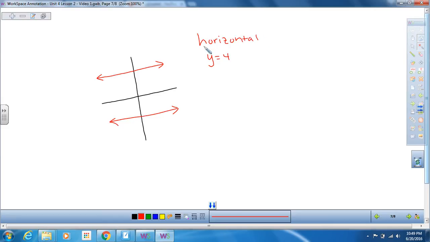So horizontal and vertical have special equations. They either just have an x or just have a y. Vertical lines go through the x-axis. So their equations are x equals. So for example, x equals negative 2. They just have an x.